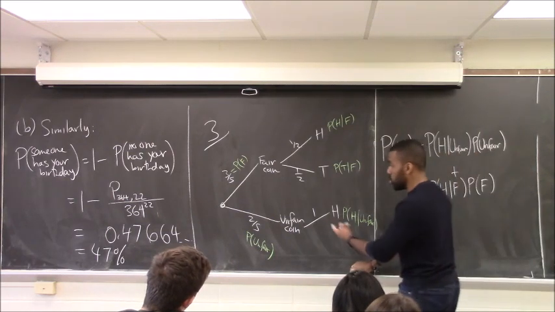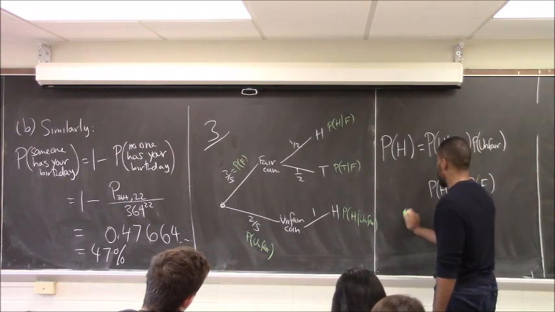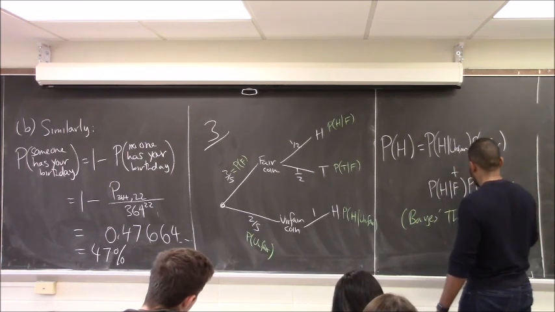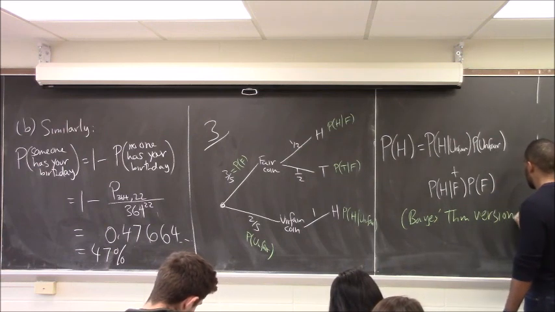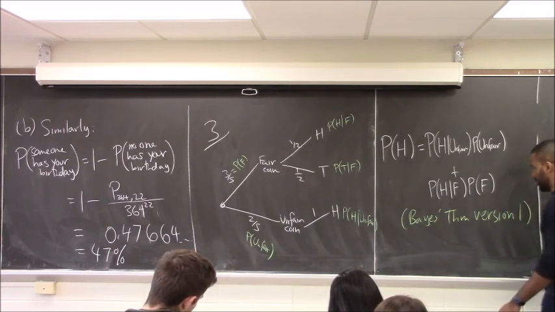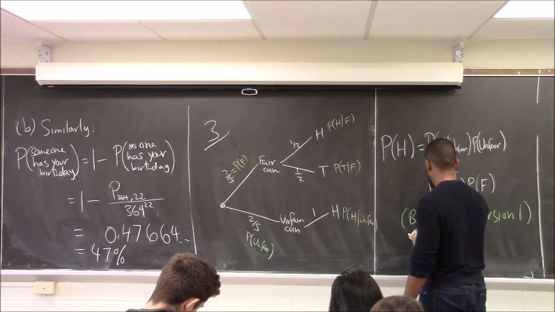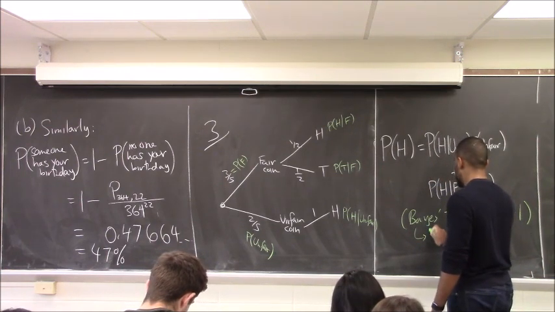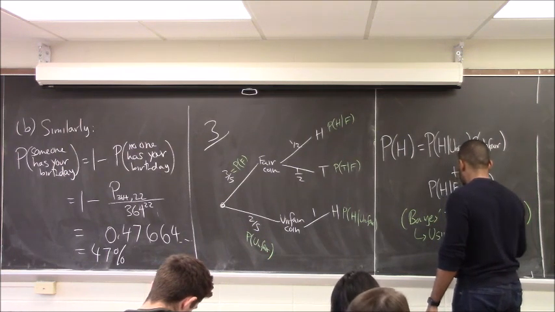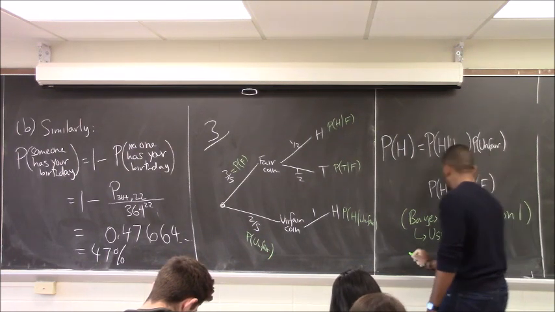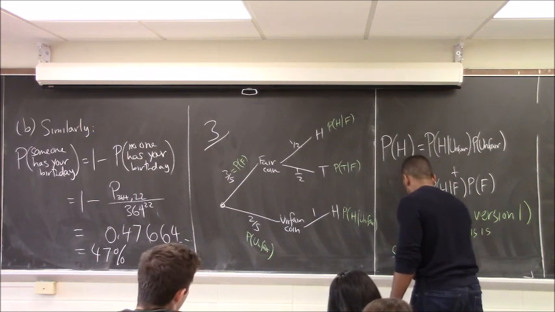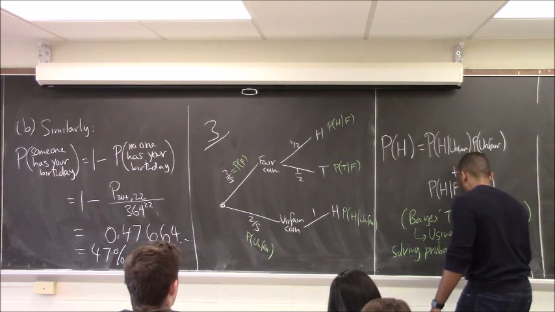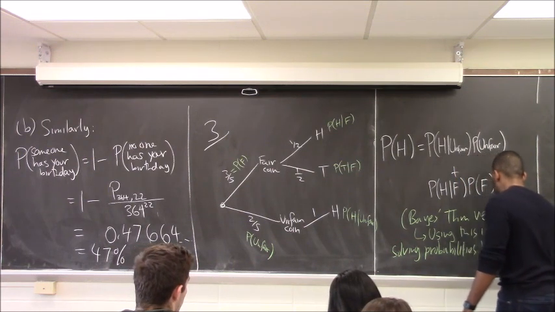What you'll notice is that this tree diagram is actually telling you Bayes' theorem version 1, unofficial. So using this, we often call it solving probabilities by conditioning.